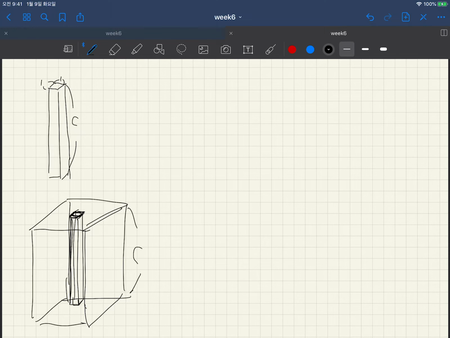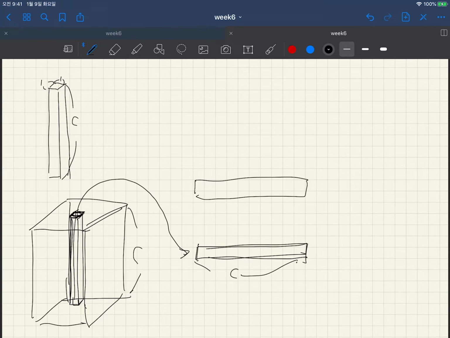So this is more like a fully connected neural network. You can bring this input 1 by 1 by C like this, so there is a C-dimensional vector.